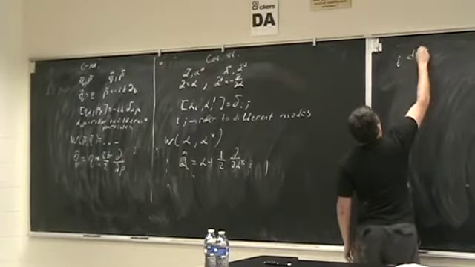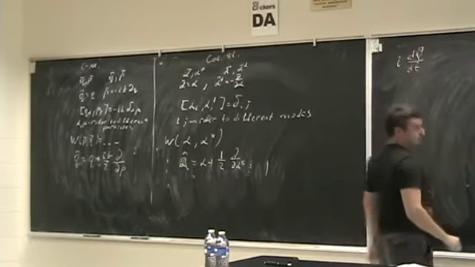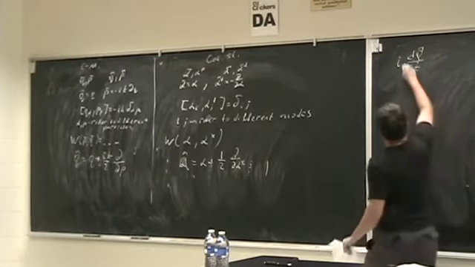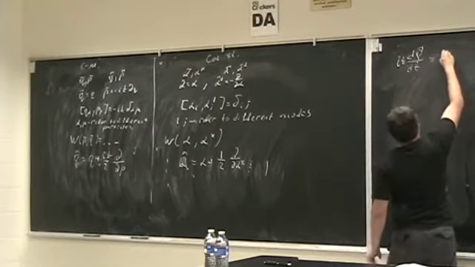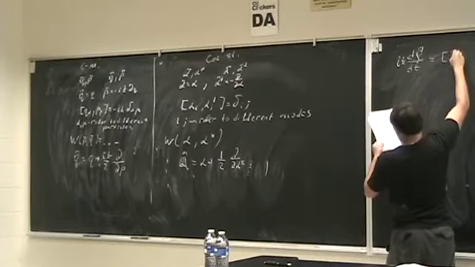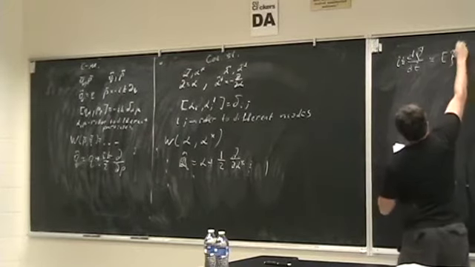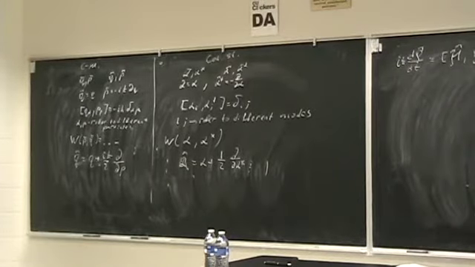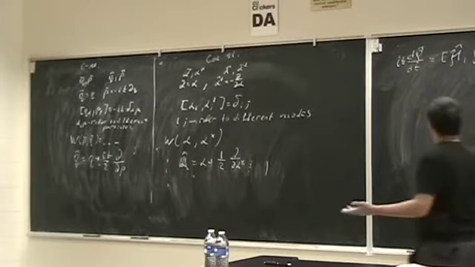I go back to my von Neumann equation, i h bar d rho by dt is equal to the commutator of H and rho. So the only thing I should do now is to do Weyl transform of this equation, right? We did everything. We don't need to derive anything.